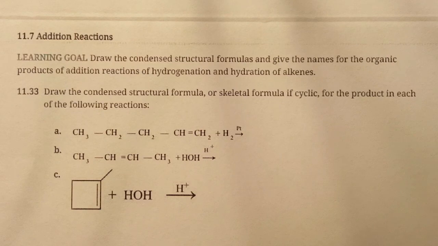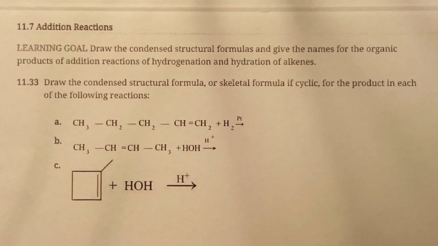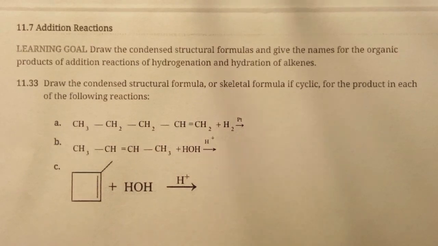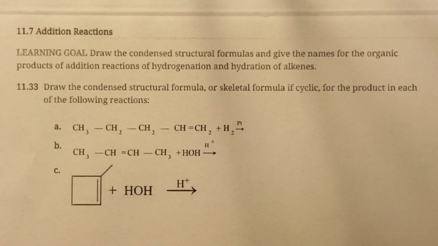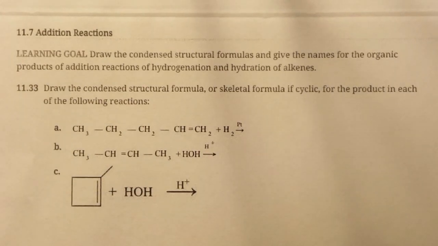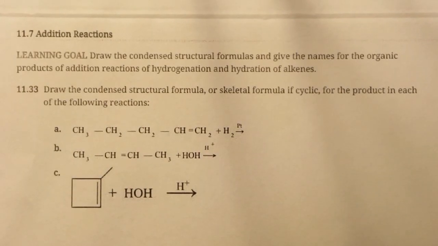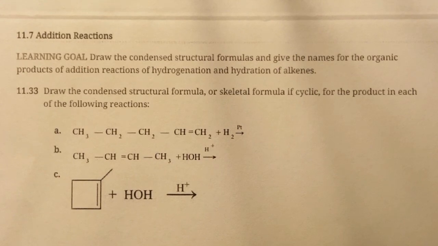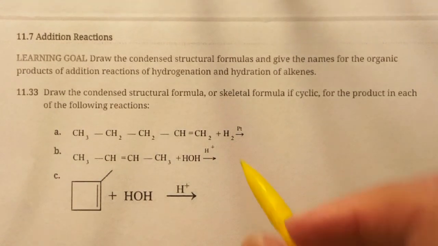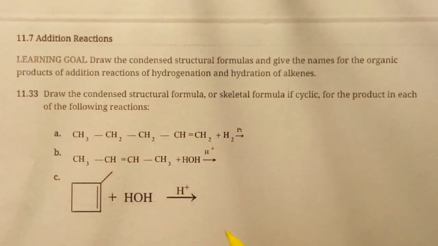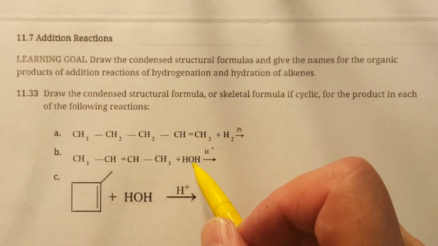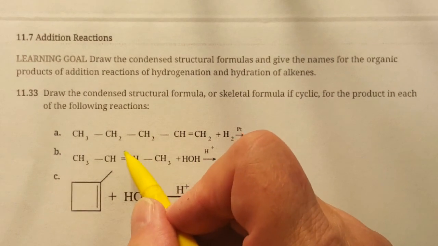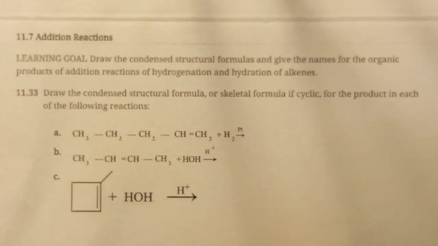Let's move on to question 33. So here we have reactions with alkenes. In this case, the hydrogen adds across the double bonds and puts a carbon there and a carbon there, a carbon here and a carbon there. And in this case, water adds across the double bond and puts a hydrogen on this carbon and OH on that carbon.